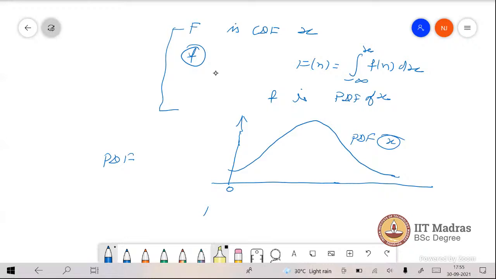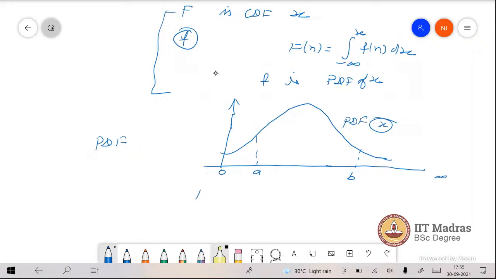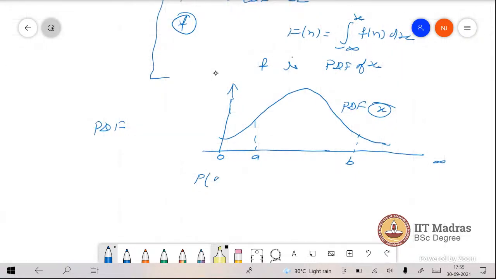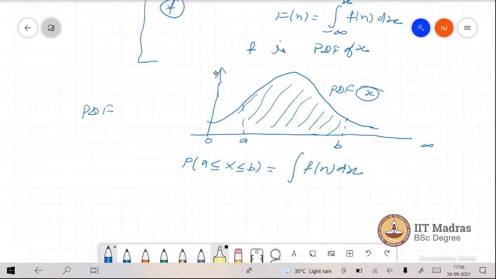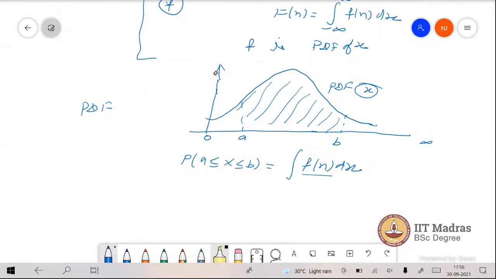Somewhere here is 0 and somewhere is -infinity. Let's say this is point A and this is point B. If I need to find the probability that x lies in the interval A to B, I need to find the area under the PDF curve inside this interval. So I need to find the integral value, because the integral inside the interval of that function gives the area under that curve.